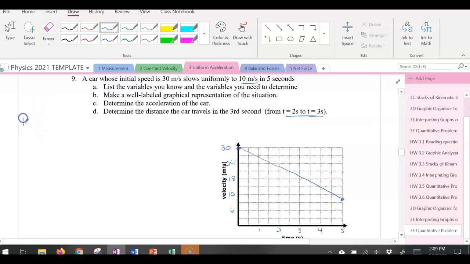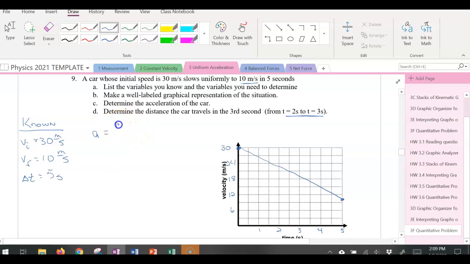So let's see what we know. The initial velocity is 30 meters per second. The final velocity is 10 meters per second. The elapsed time is 5 seconds. I could pretty easily find the acceleration just from the definition of average acceleration.